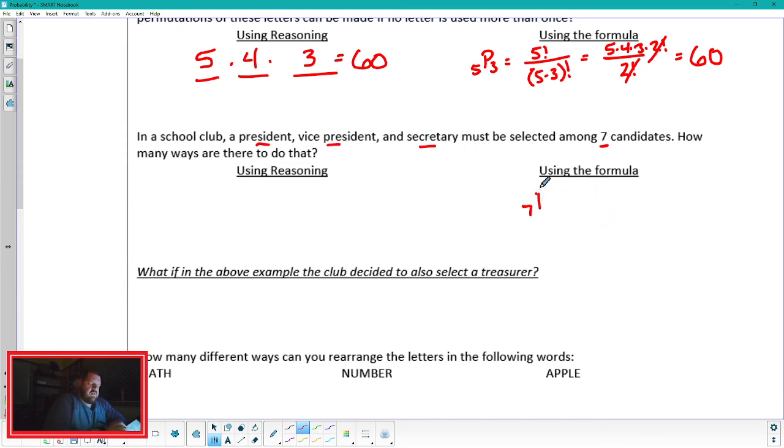So that's 7 things into groups of 3. 7 factorial, another one that we've also already done. 7 minus 3 is 4, so 7 times 6 times 5 times 4 factorial. The 4 factorials cancel, and I get 7 times 6 times 5, which is 210.